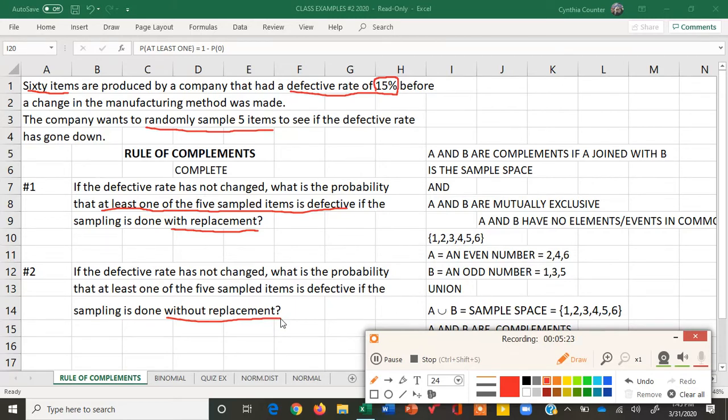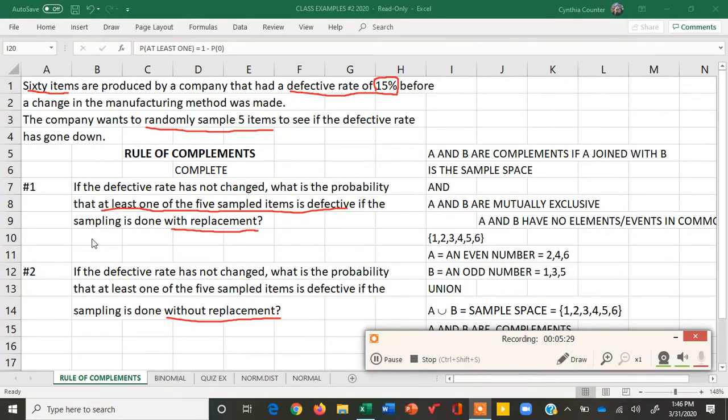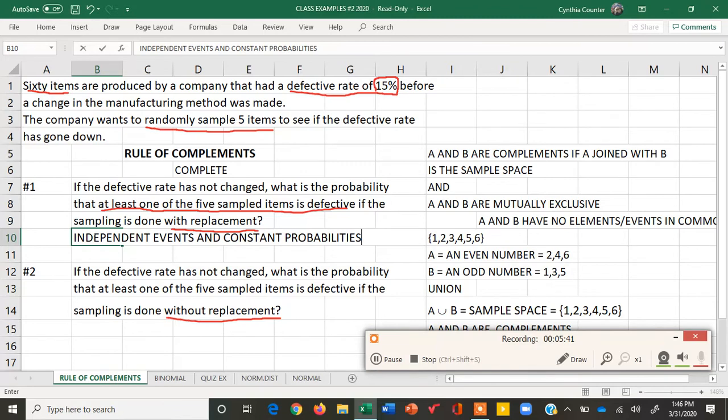So remember, when we're sampling with replacement, what we have are independent events and constant probabilities. That means the probabilities are not changing. They will always be the same.